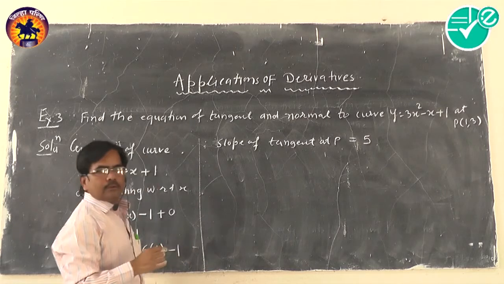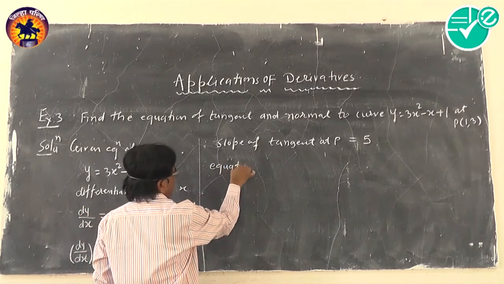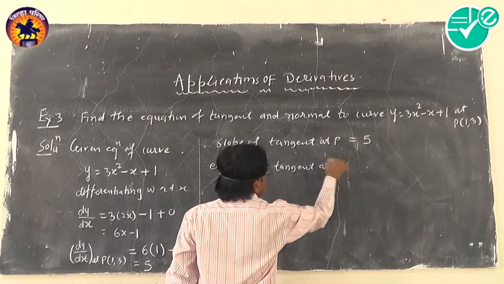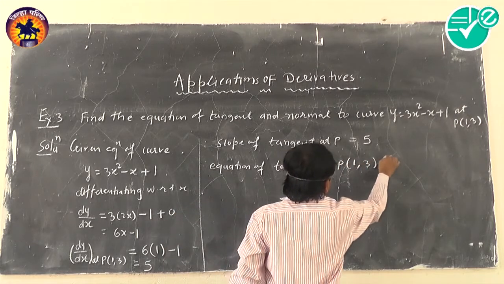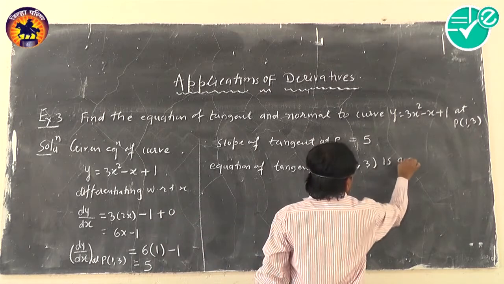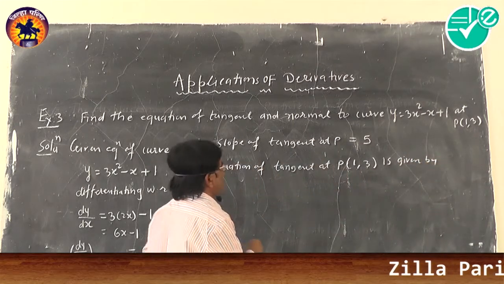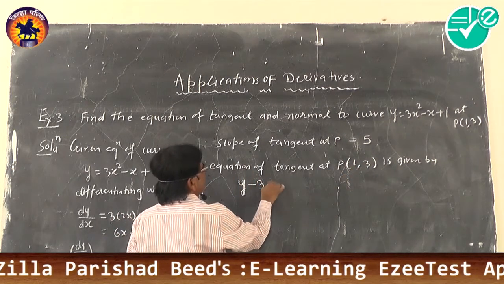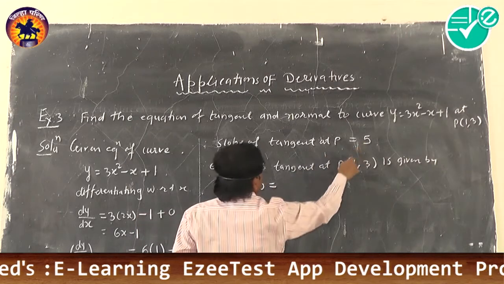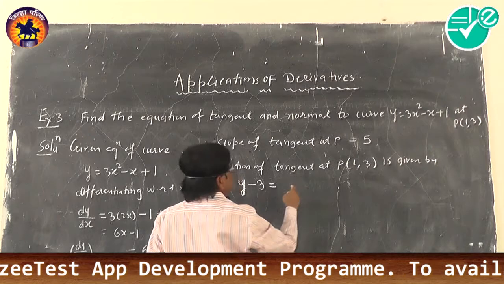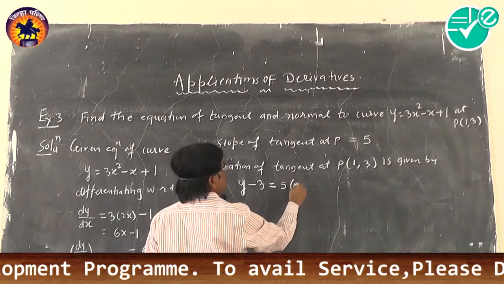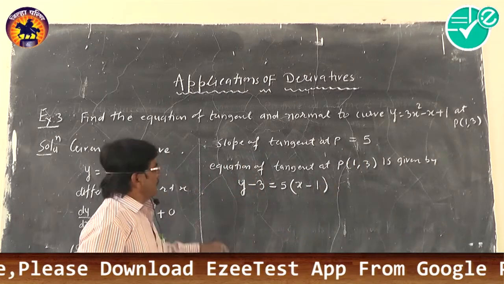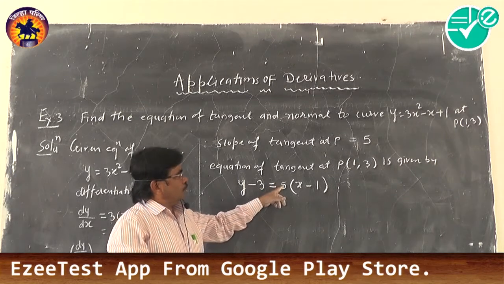Therefore, the equation of tangent at P(1, 3) is given by y minus the y coordinate: y minus 3 is equal to the slope, that is dy by dx at P, the slope is 5, into x minus the x coordinate, that is 1. y minus 3 is equal to 5 into x minus 1.